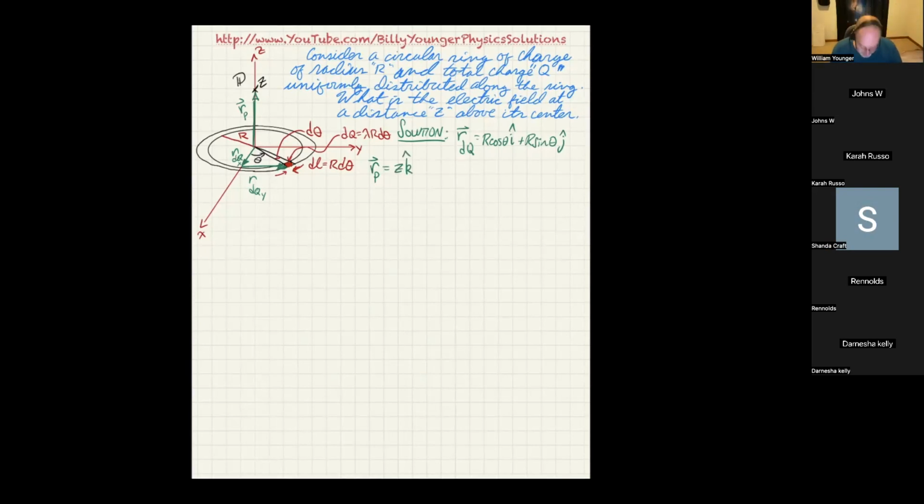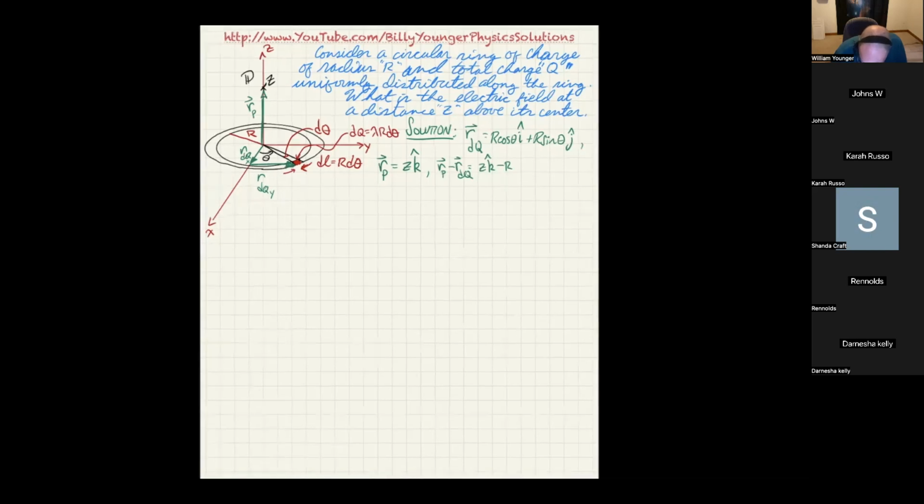But good job, Kaylee. All right, now we're going to do RP minus RDQ, because that's another thing that our formula has. And in this case, it's going to be ZK hat minus r, which by the way, I can factor out since it's common, and that'll actually help us a little bit.